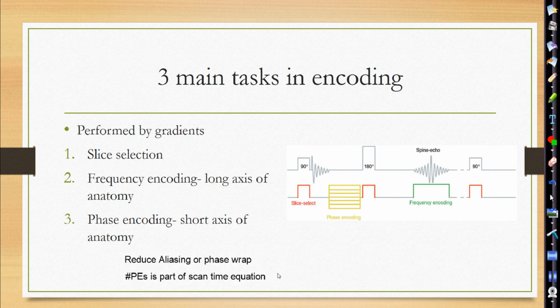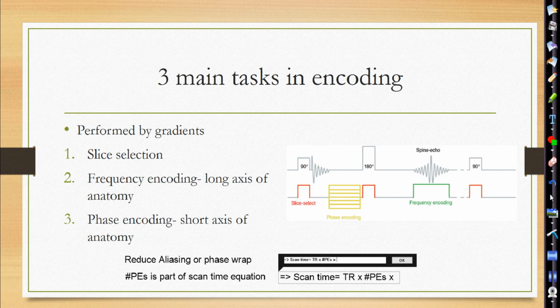And that scan time equation is scan time equals TR. What's TR stand for? Repetition. Good. Times number of phase encodings times, what's the last? Yeah.